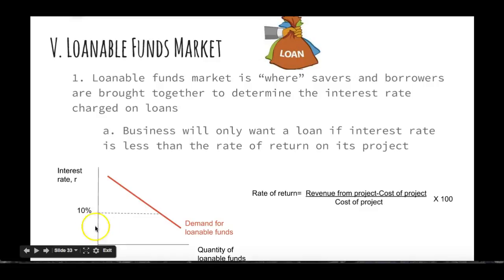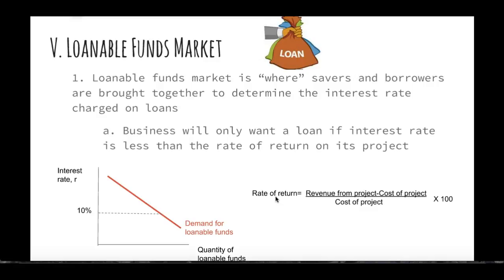For example, at a 10% interest rate on a loan, I am only going to be interested if my rate of return on, for example, buying a new oven is higher than 10%, because otherwise it isn't worth my time. I'm going to get charged way more interest on the loan than what I'm going to get from selling more cakes and pies and cookies.